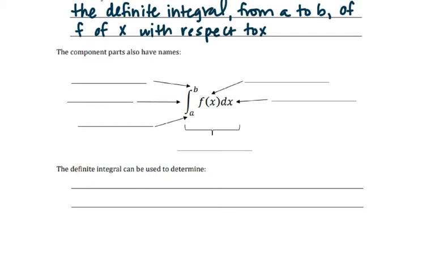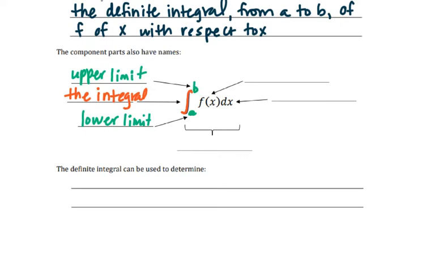We refer to the stretched out S shape as the actual integral itself. And you'll get better at drawing those, I promise. And then we refer to A as the lower limit of the integral. So basically your starting point. And then B is the upper limit, or until you reach this point.